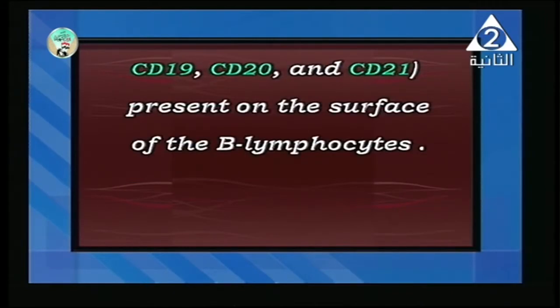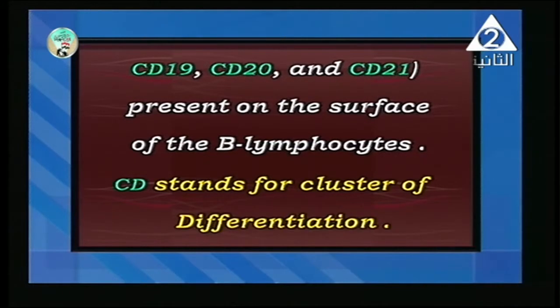And also the CD19 and CD20 or CD21, which are referred to as what? Those clusters of differentiation. And they also have an important role in helping the B lymphocytes.